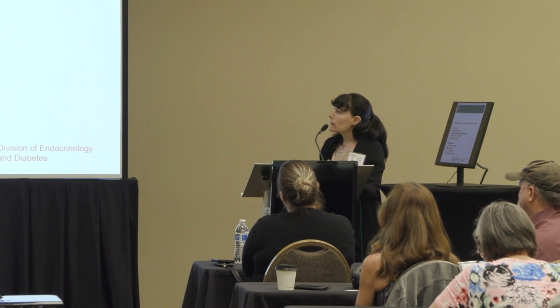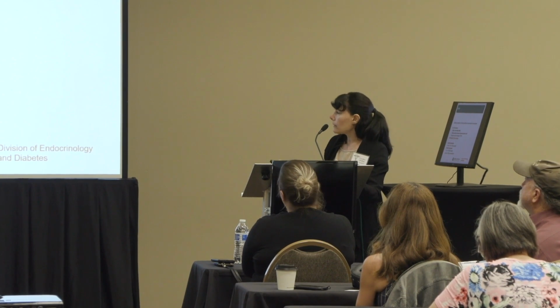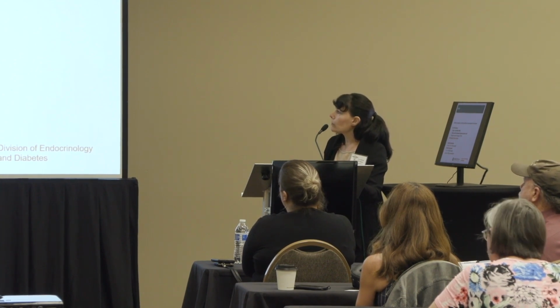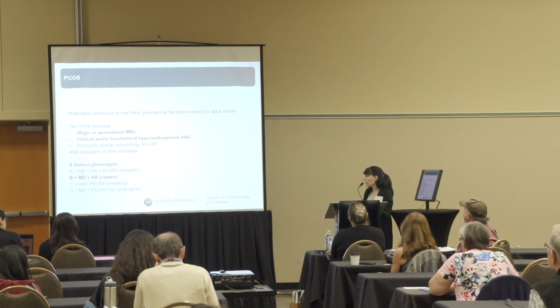We're going to focus on thinking about this condition for our patient population by thinking only about the presence of oligo or anovulation and the clinical and/or biochemical hyperandrogenism. And yes, PCOM is part of the criteria, but we are not going to think about that for now.